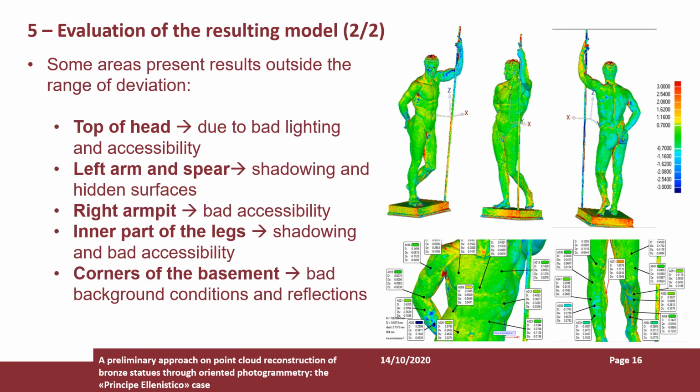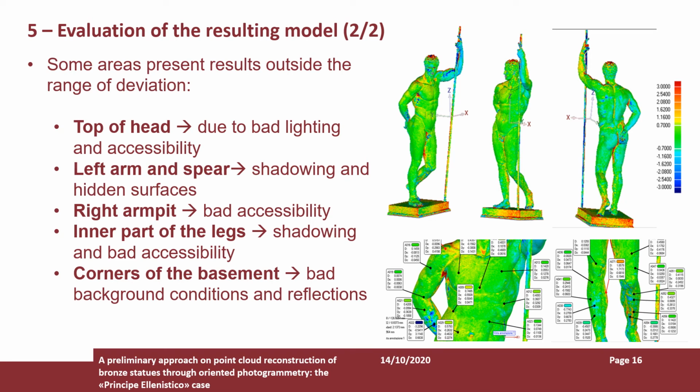In fact, the top of the head, due to bad lighting and accessibility conditions already mentioned before, resulted outside the range. The spear, in addition, caused, as expected, problems of shadowing and hidden surfaces, especially in the area near the left arm.